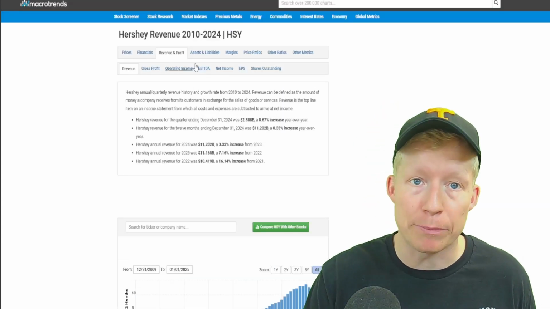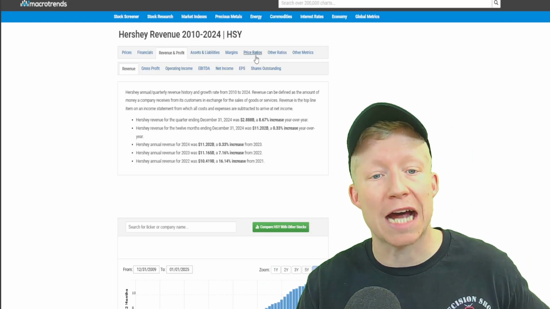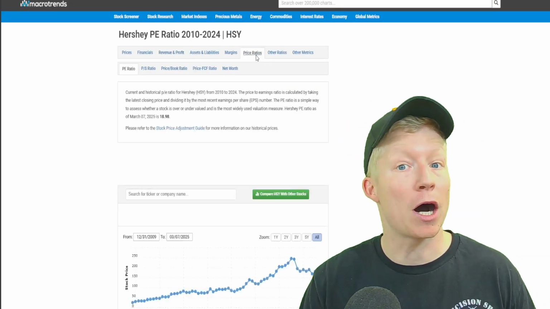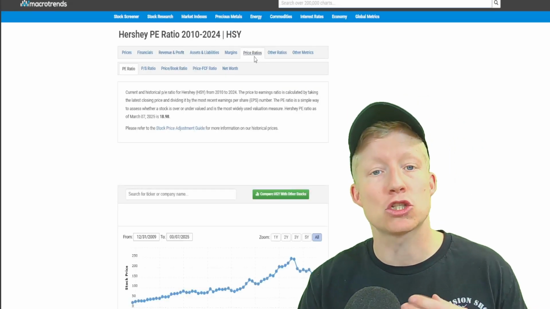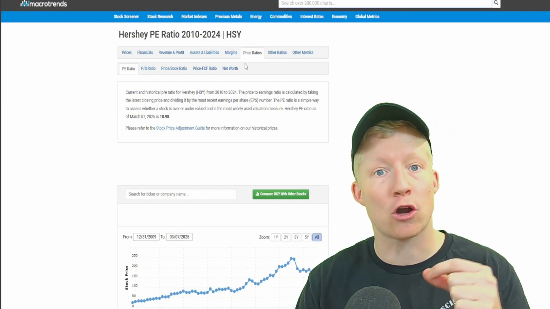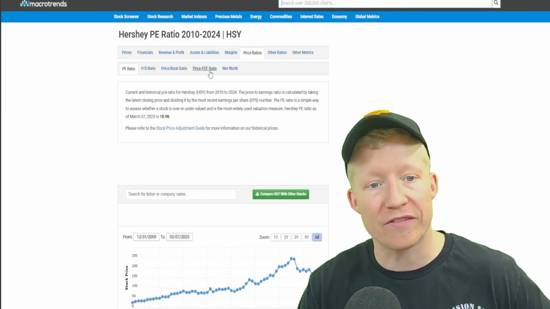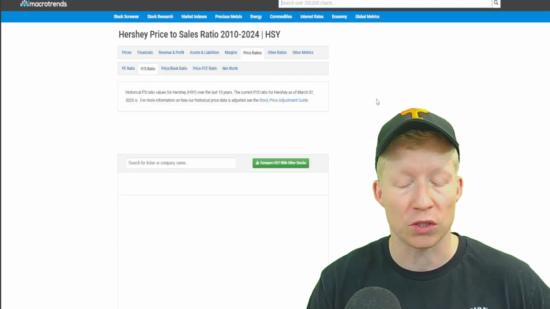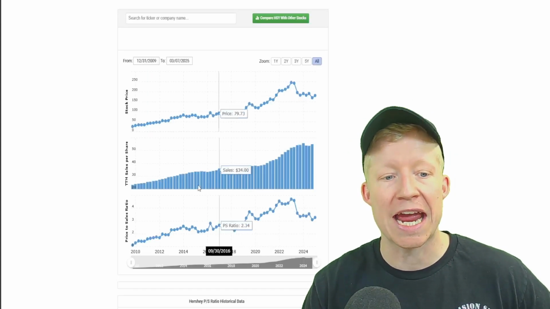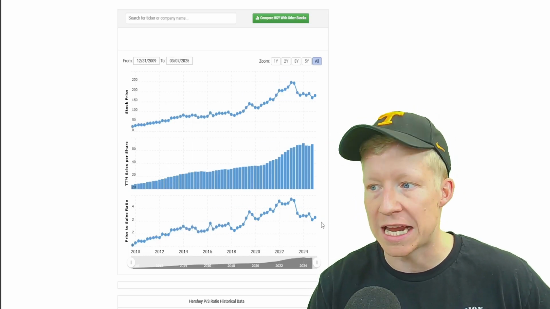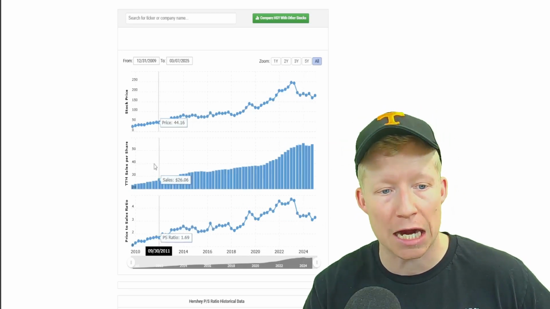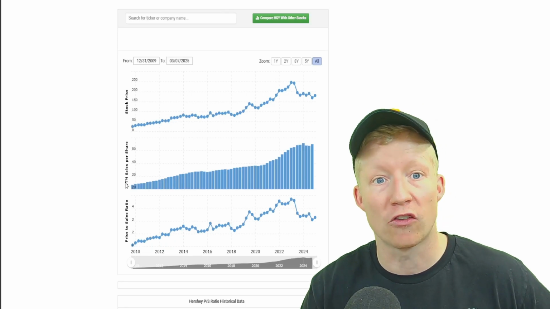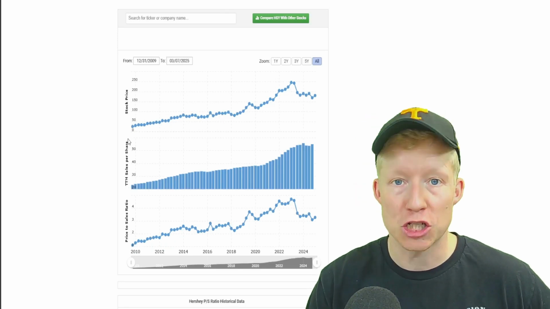If I come back to the top of this page, you have all of these options to select from. Another metric that I like to look at and compare when looking for stocks to invest in is the price to sales ratio. You can also click into that and you get a chart of the price to sales ratio alongside the stock price and the trailing 12-month sales per share.